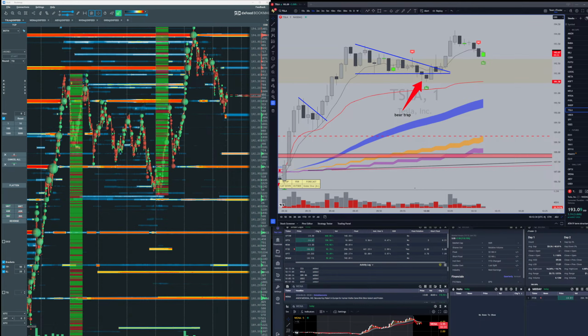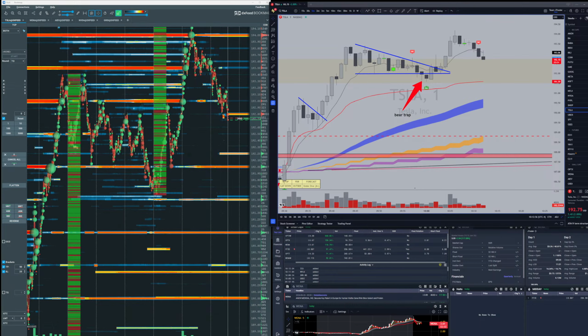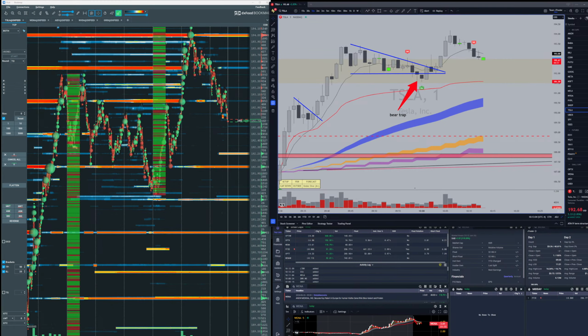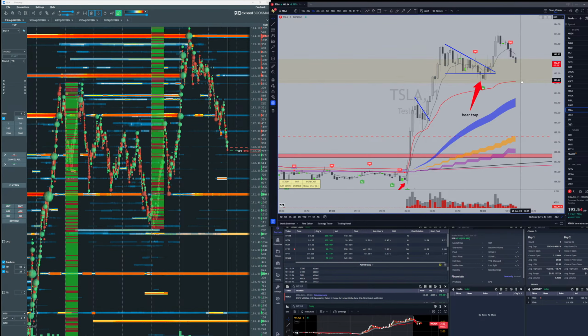Tesla, okay, so now expecting a pullback on Tesla over here, 191 and 190.60.